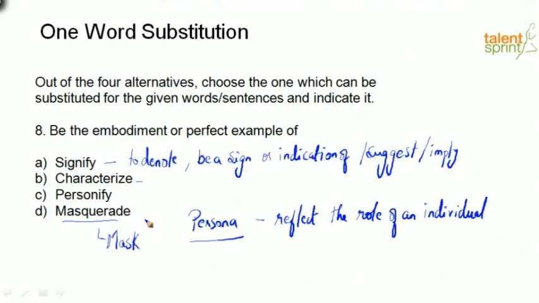So here the phrase is not talking about you putting on a deceptive appearance or disguising or displaying a false outward show. The phrase is very categorically talking about you just reflecting the role of an individual, acting, behaving, thinking like them, representing them. Our answer option is C. Embodiment, perfect example of. These are our clue words from the question.